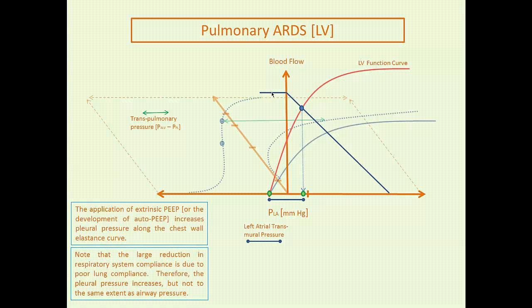And again, as I've mentioned multiple times already, I do not depict it, but with an increase in intrathoracic pressure, the pulmonary venous return curve and the left ventricular cardiac function curve will shift rightward in tandem.